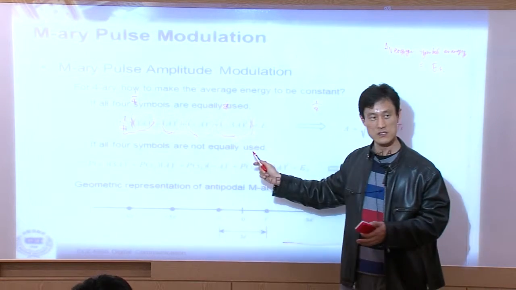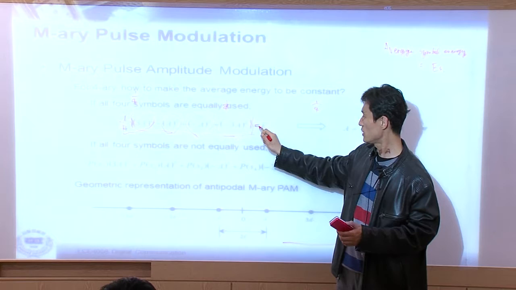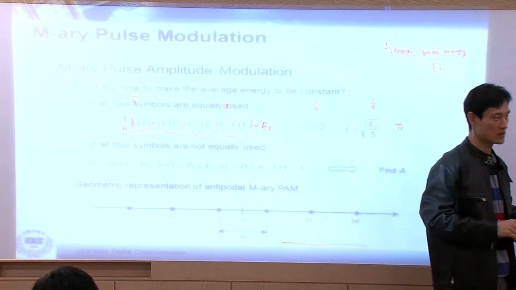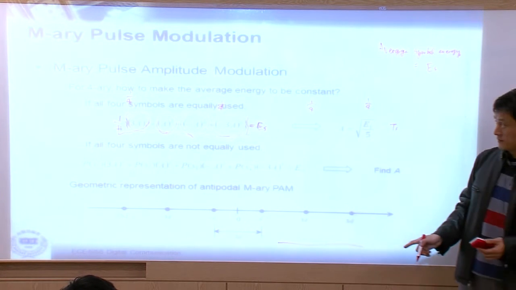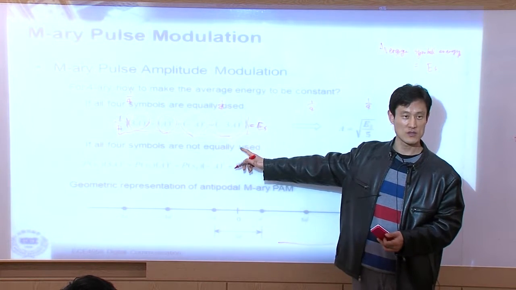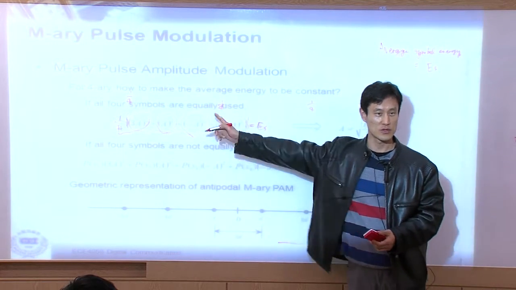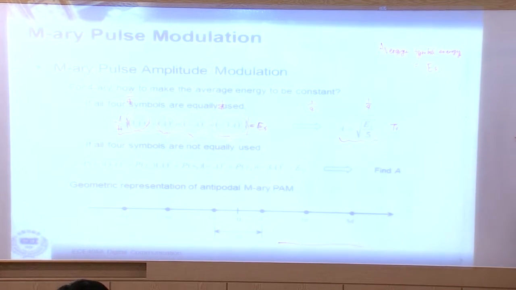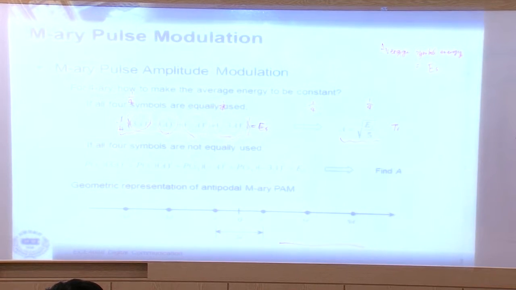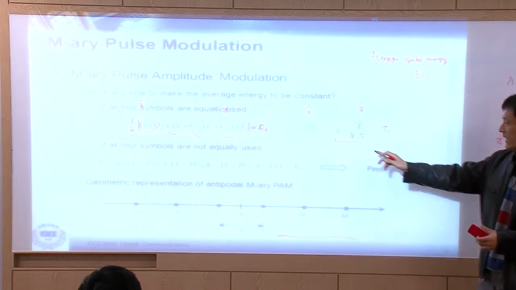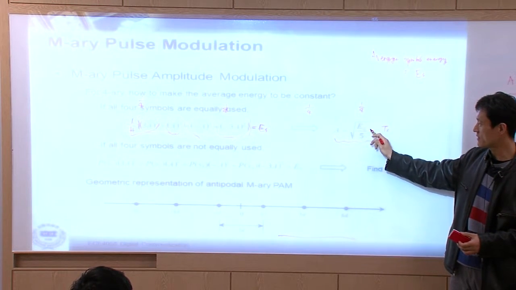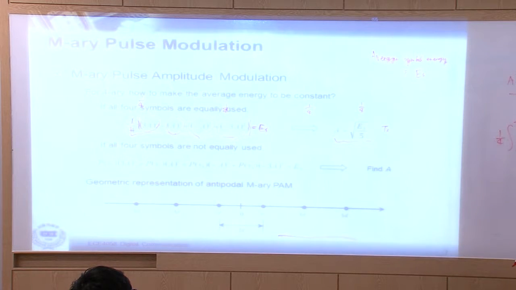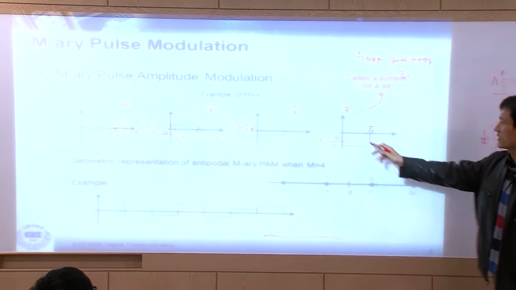Eventually this needs to be the same as my average symbol energy. So you can simply solve this equation. Put it all together and solve it, and eventually you get A to be this value. Once you get A to be the square root of ES divided by 5, you go back and put that A here.